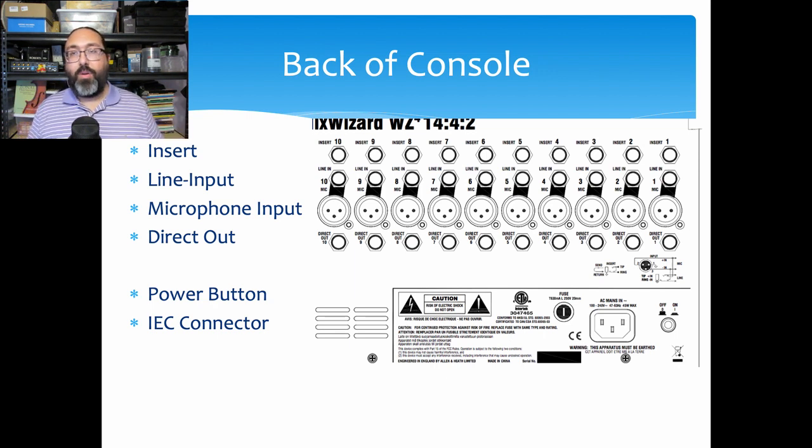Pin 2 is now positive or hot, and the drain wire is always pin 1 now. So 2's hot, 3's negative, and pin 1's the drain. And then it also has your insert settings. So it tells you, when you have that insert cable, that TRS connector, which one goes out and which one comes back in. So very important when you set it up. CardDuck says so also.